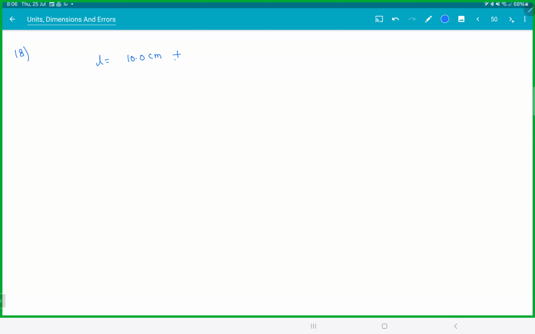10.0 centimeter plus or minus 0.2, 5.0 centimeter plus or minus 0.2. So this is the length and this is the breadth. So find percent error in area.